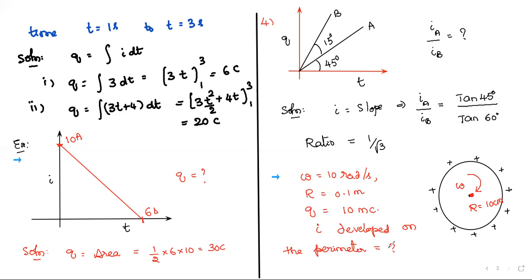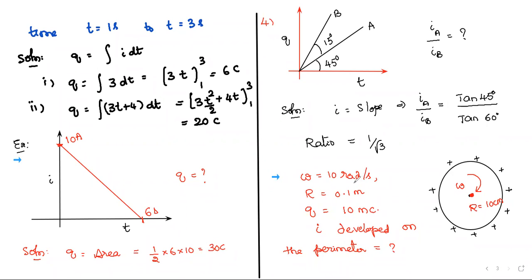Then we need a concept here, right? Look, it is rotated with a constant 10 radian per second. It is rotating with a constant angular velocity.